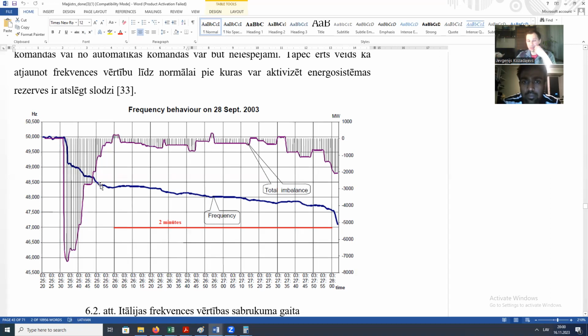So they just didn't have enough time at this point to disconnect more consumers and quickly raise the frequency. They were in this balance with a low frequency too long, and they started to lose generators.